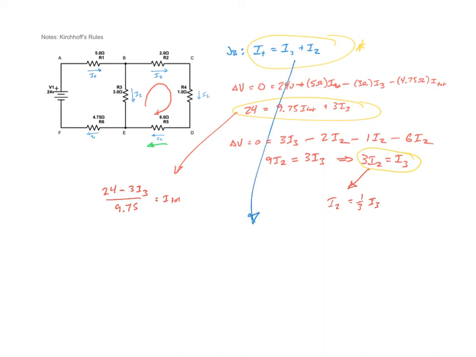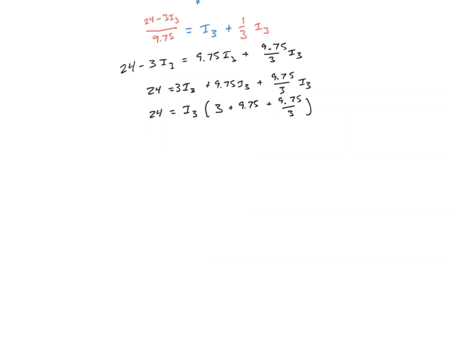So I total, which is 24 minus I3 divided by 9.75, equals I3 plus I2, which is 1/3 I3. Now I can solve for the I3 at this point. You can pause it here and look at the algebra if you want. But here we can show that I3 is equal to 1.5 amps, which is what we got before.